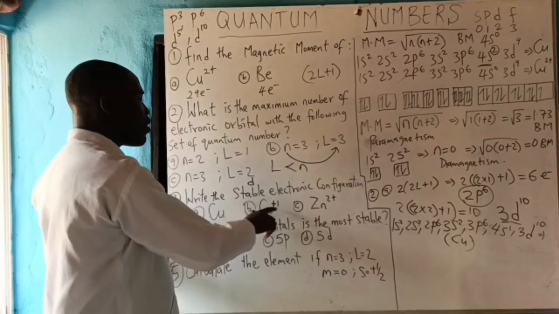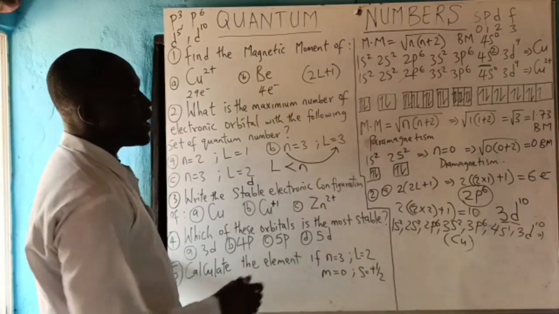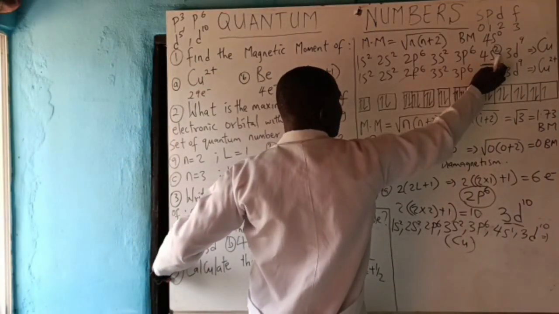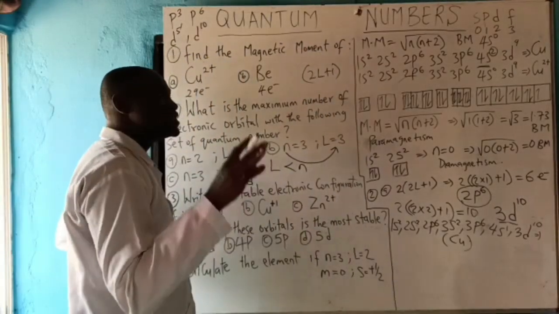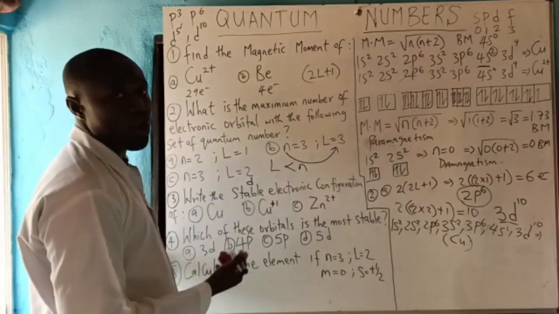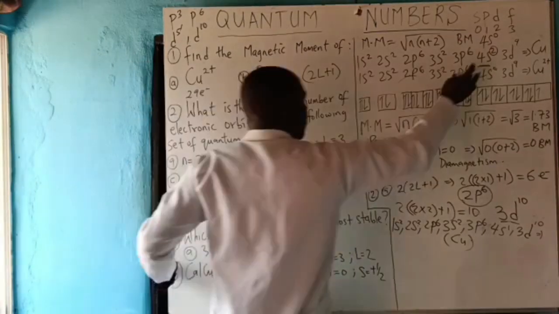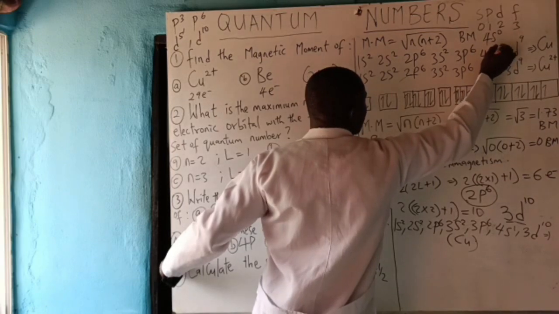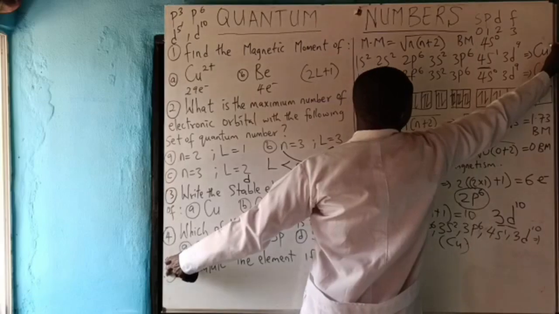Now for copper 1 plus, it means that one electron will move from here. It has to give out one electron to a non-metal, and so in copper 1 plus there will be only one electron here.